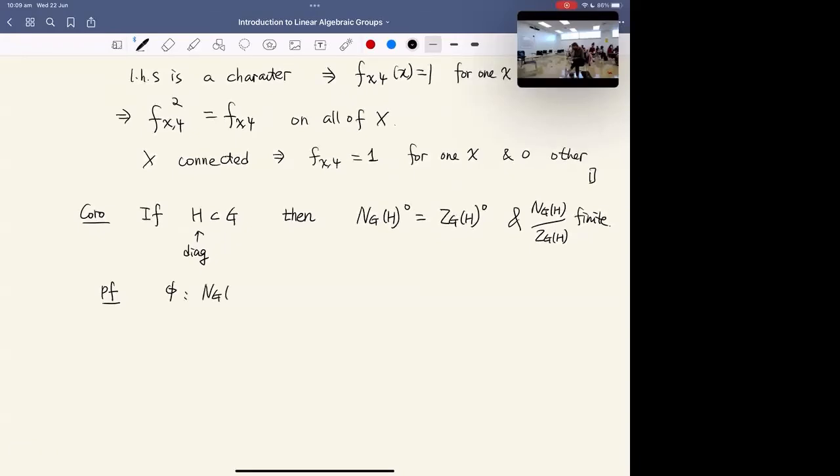You can apply that theorem to the following homomorphism: g maps to g h g inverse. Now I'll let you apply the rigidity theorem. Seems like I'm still going too fast.